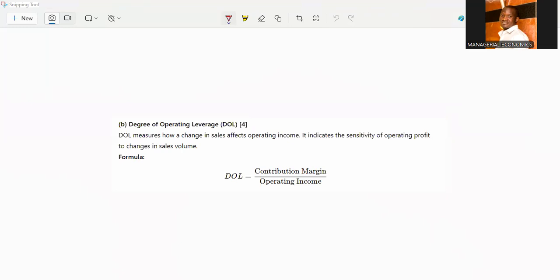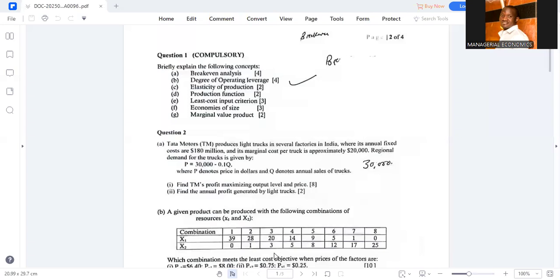Okay. So the next one, we're asked to explain elasticity of production. You can try these ones. What is elasticity of production? How do you understand elasticity of production?